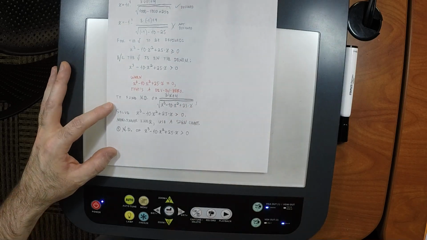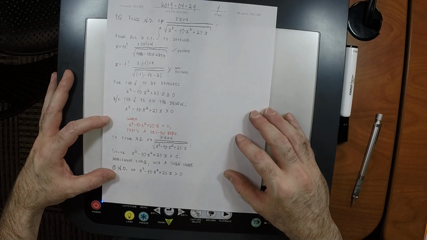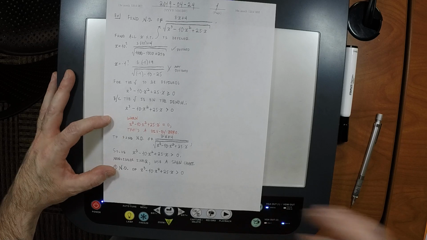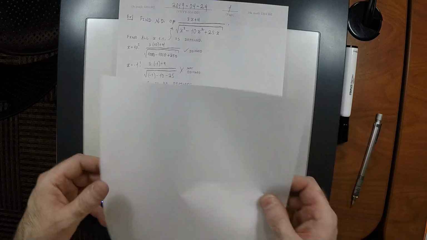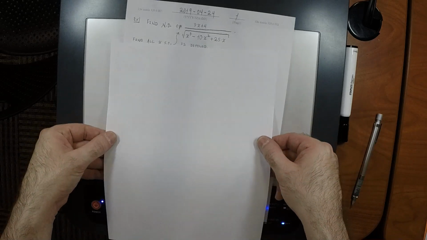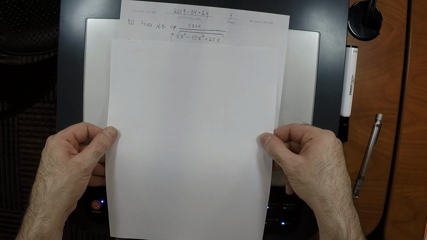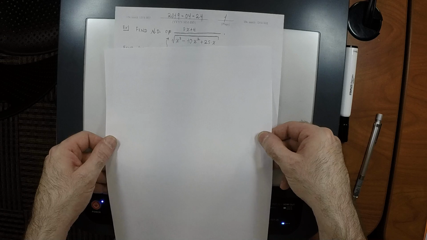Now it's at this point where historically students can get a little bit confused about what's happening. So let's be as clear as we can about the question. The statement of the question is, find the natural domain of that expression. That's what landed on our desk.